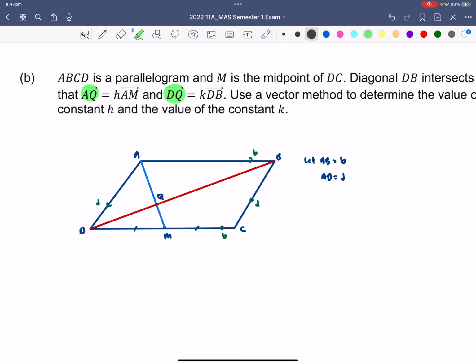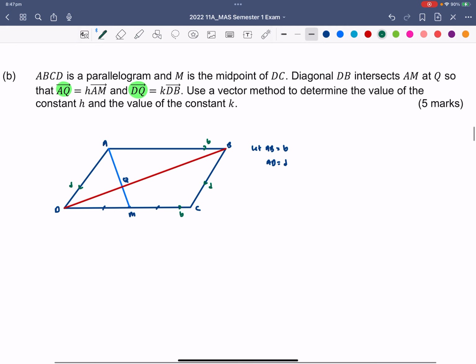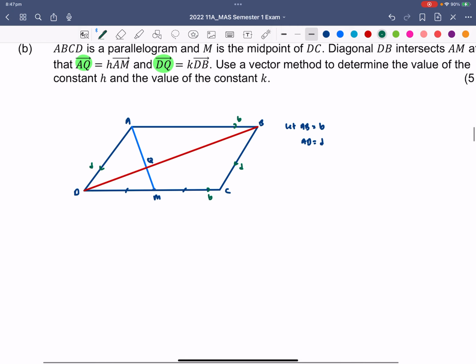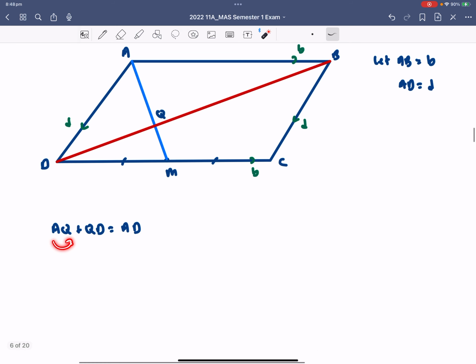I'm going to write down that A to Q plus Q to D is the same as A to D. And the point of these vector proofs, think about it, flying from America to Qatar and Qatar to Dubai is the same as flying from America to Dubai.